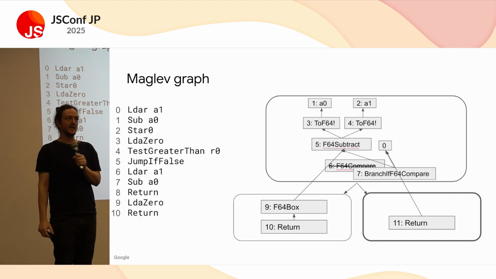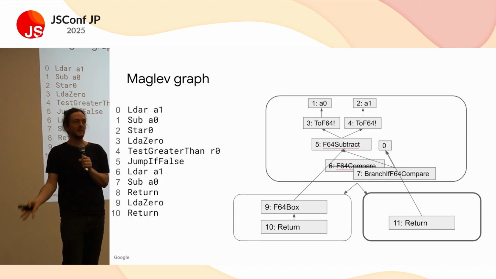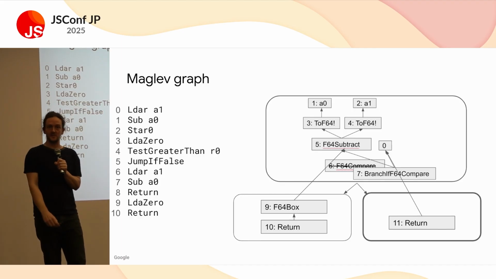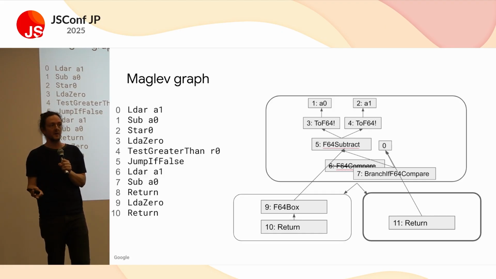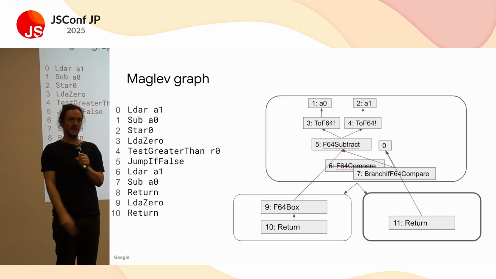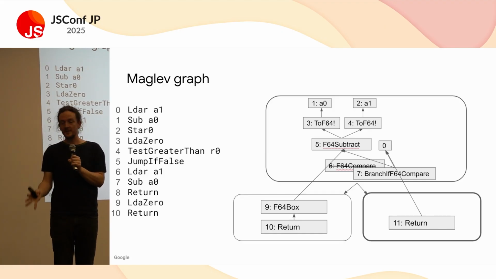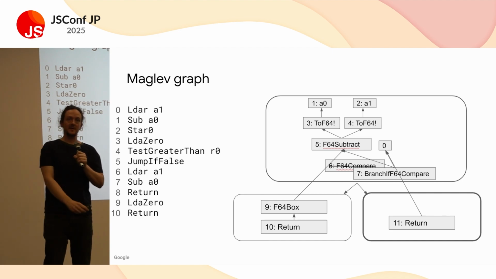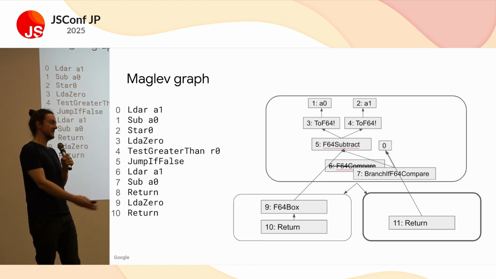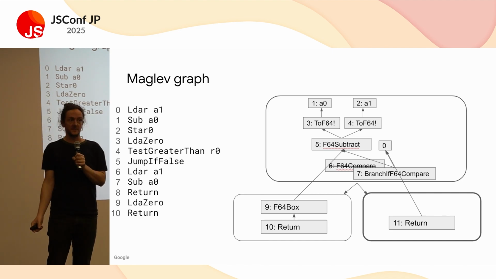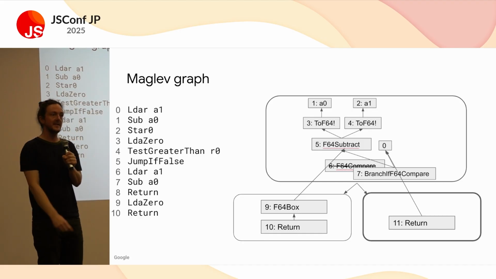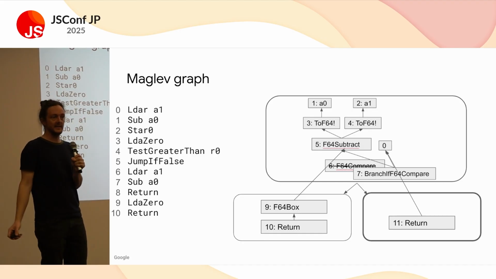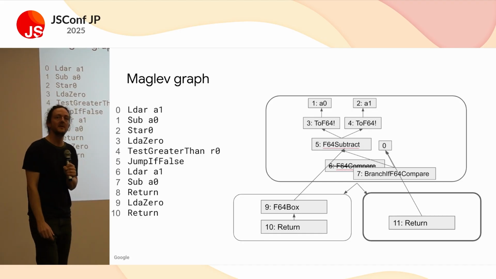And you can see a couple of things. We again have a graph representation of the code. We have explicit control flow, so we know which blocks of code are reachable depending on what happens. And we already have some optimizations applied. For example, you can see the subtraction can be reused, so we don't actually need to compute it twice. We can figure that out in that graph.